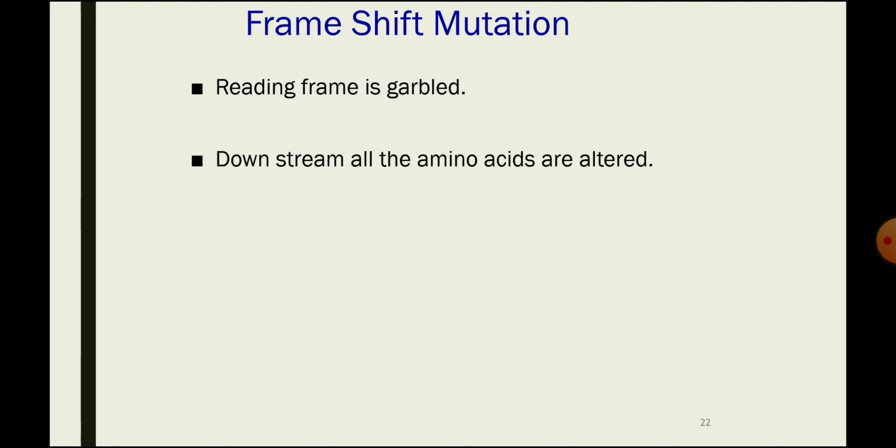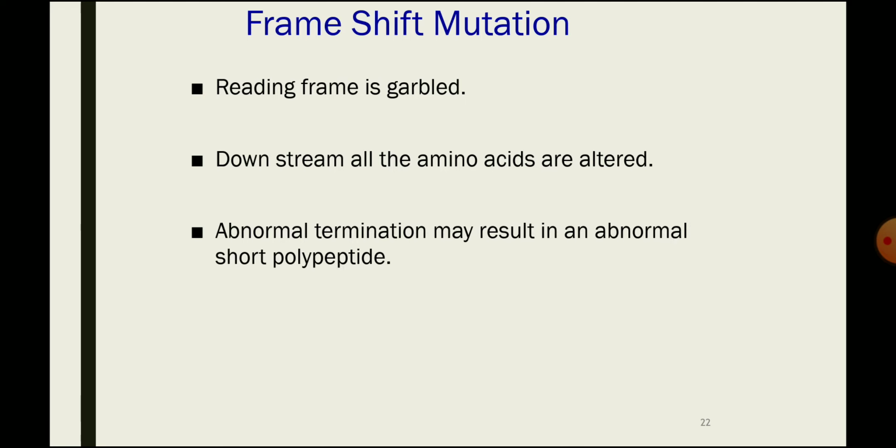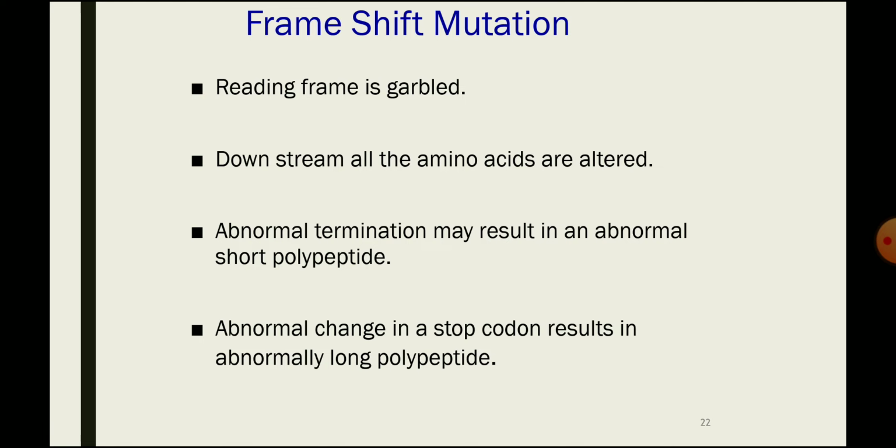Downstream, all the amino acids are altered, and an abnormal termination may result in an abnormally short polypeptide. Sometimes a termination codon can come after the insertion or deletion, which may produce a short polypeptide.